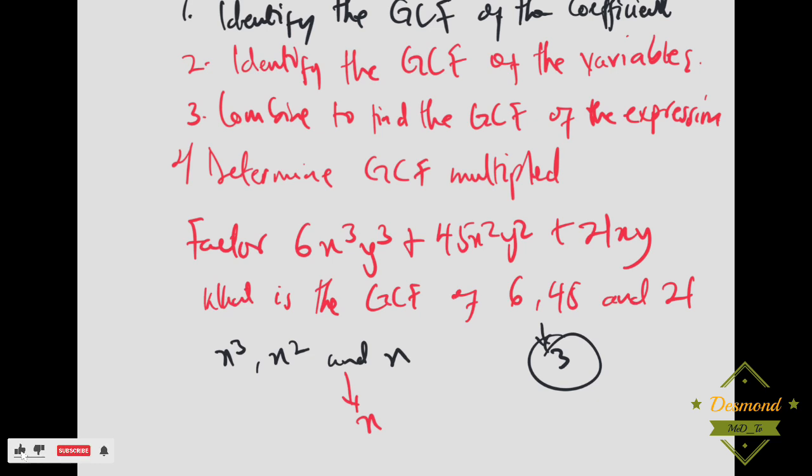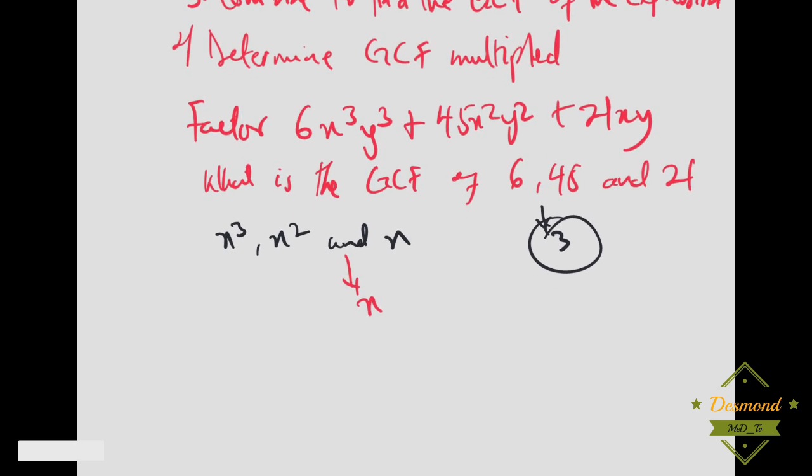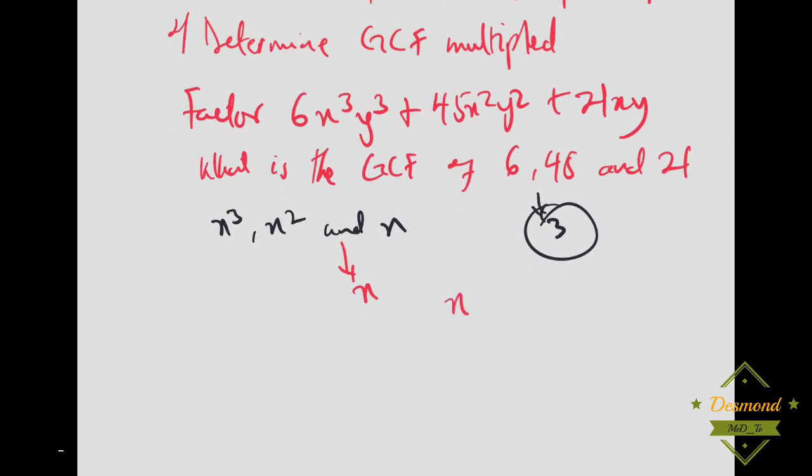Now note that the GCF of a set of expressions in the form of x exponent n will always be the one with the lowest degree. Note that.